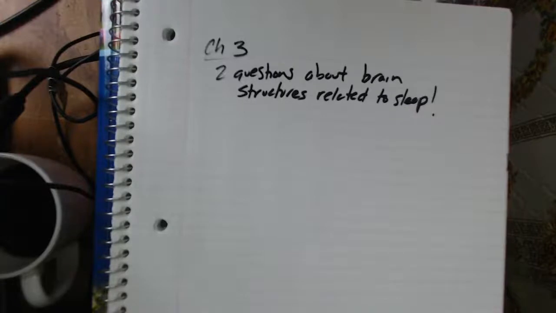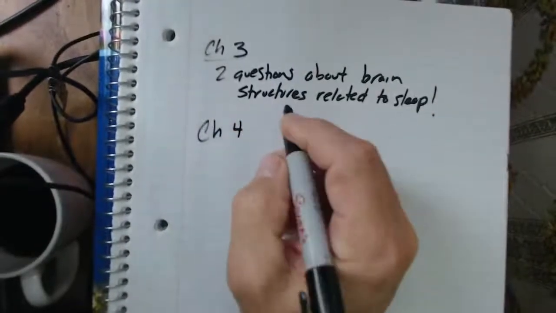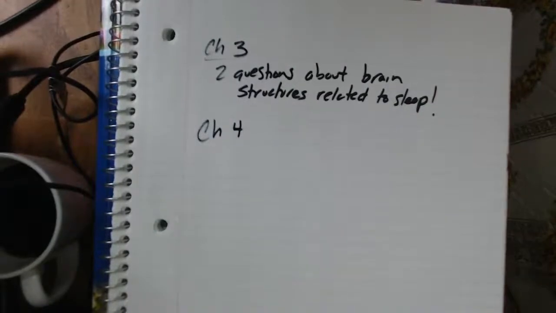Chapter 4, developmental psychology. Okay, 1, 2, 3. There are 1, 2, 3, 4. Let me look up here.